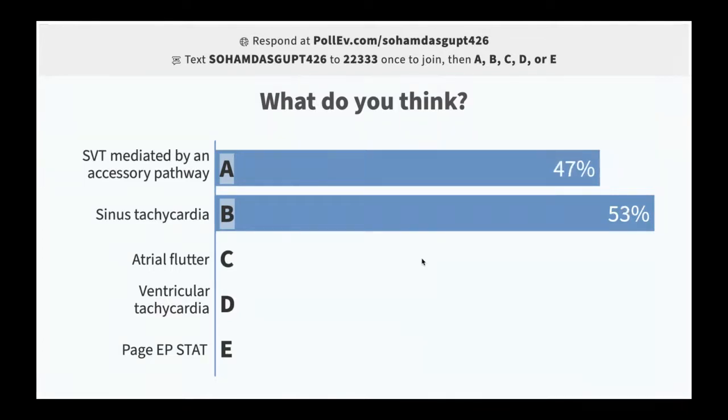It's impressive. I'm surprised nobody's paged EP yet, so that's good. All right, so why don't we end it there? So 56% said SVT mediated by an accessory pathway, and 44% said sinus tachycardia. So let's look at this strip again.